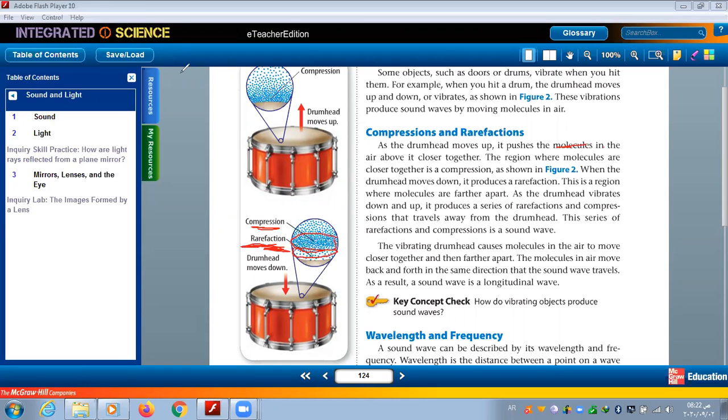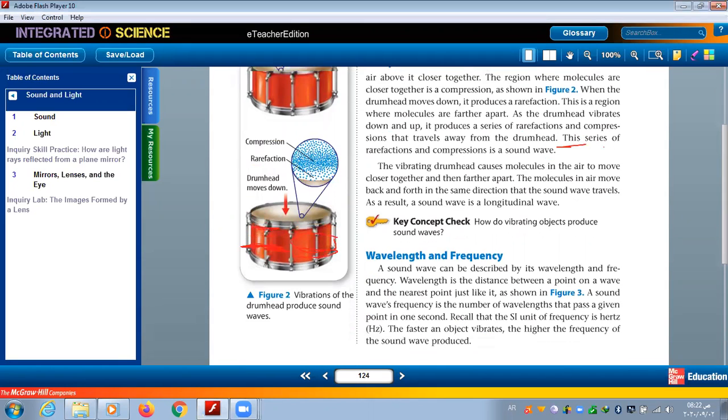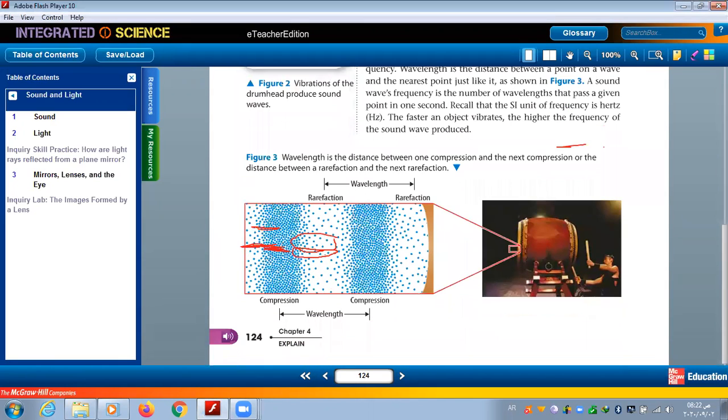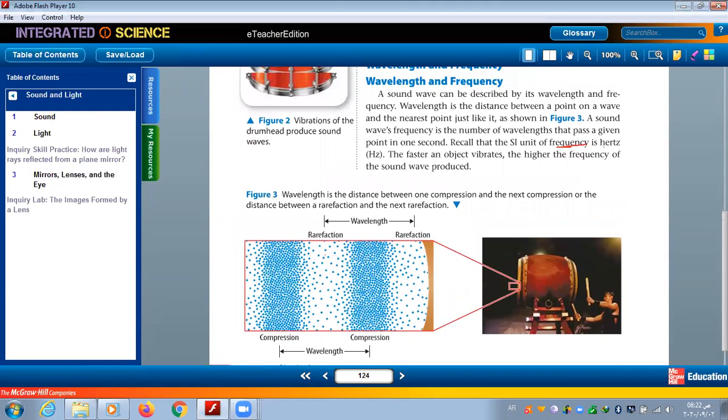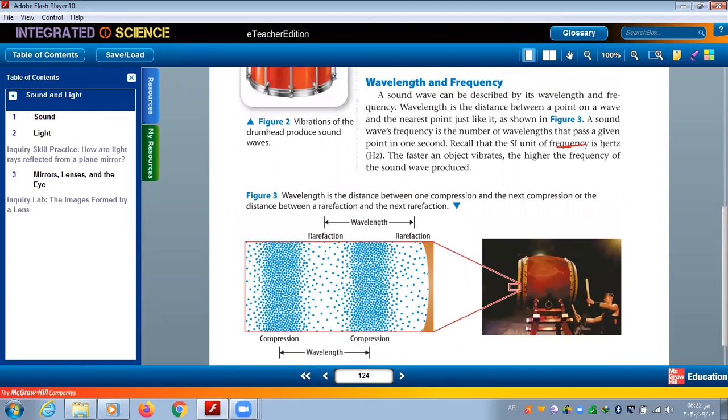Okay, the wavelengths and frequency. Look at this picture and try to understand, and I'll ask you, what does it mean, sound wavelengths and frequency? From this paragraph, you can extract the meaning of wavelengths and frequency.